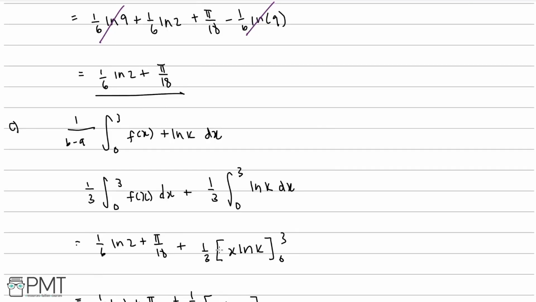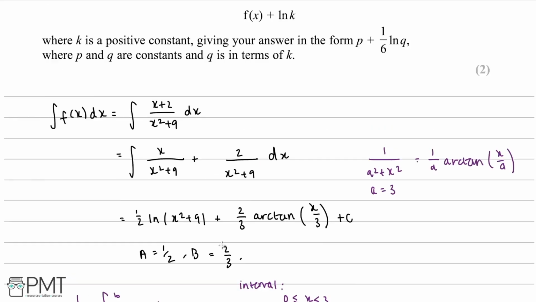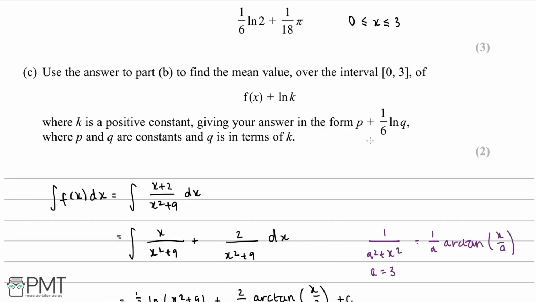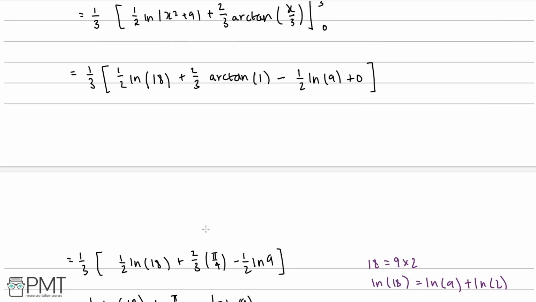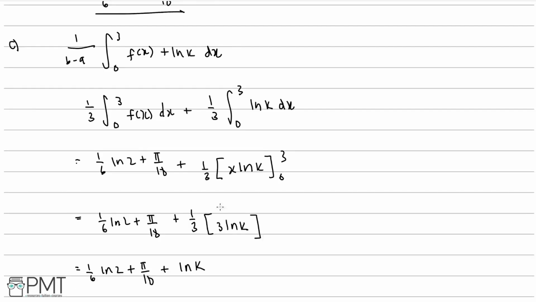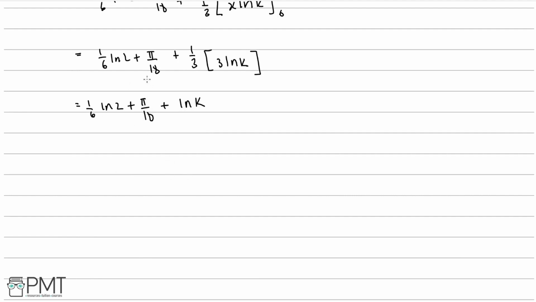Now, the question wants it in the form p plus 1 over 6 ln q, where p and q are constants and q is in terms of k. Well, if q is in terms of k, it means that we need to bring all of the ln's into one ln function. So this will be equal to, well, ln k can be rewritten as 1 over 6 times ln k to the power of 6.